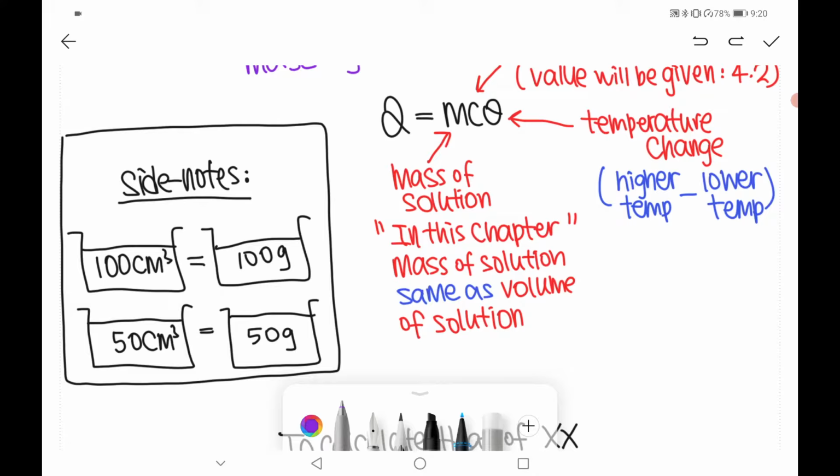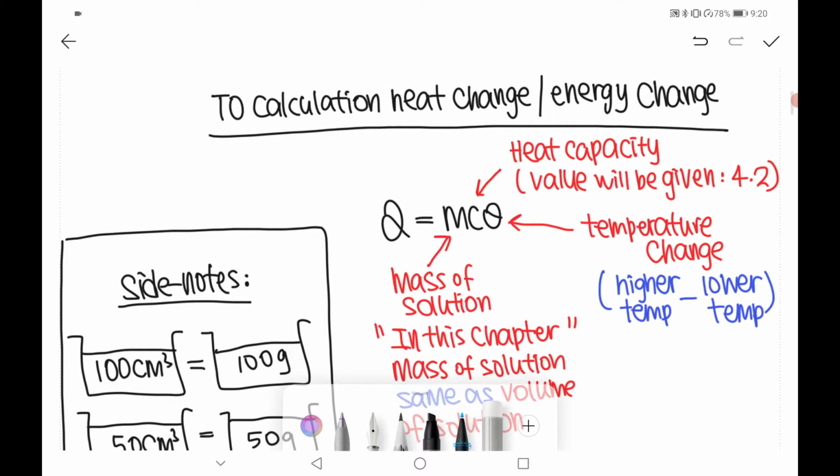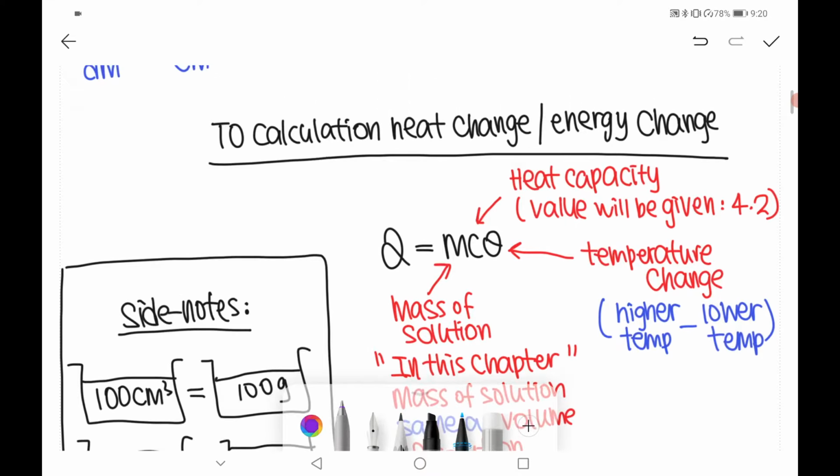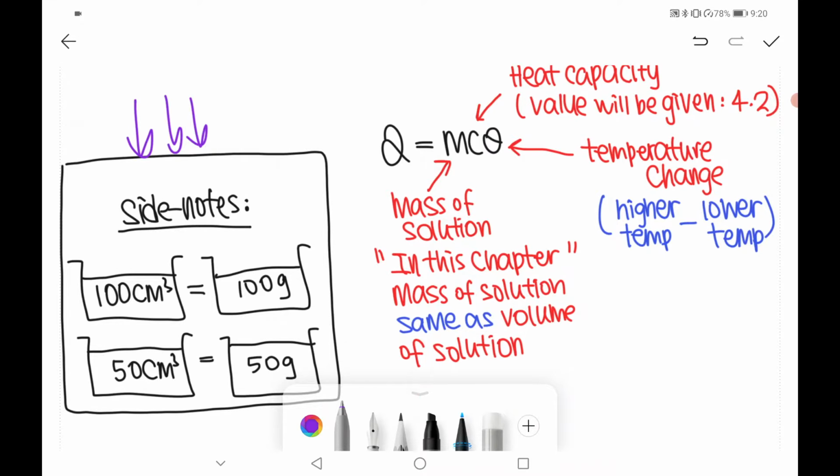If you want to find the mass of the solution, you just need to know this. In this chapter, the mass of the solution is numerically the same as the volume of the solution. So if the question gives you the volume, you can use the volume and convert to mass directly. For example, if the solution is 100 cm³, what about the mass?